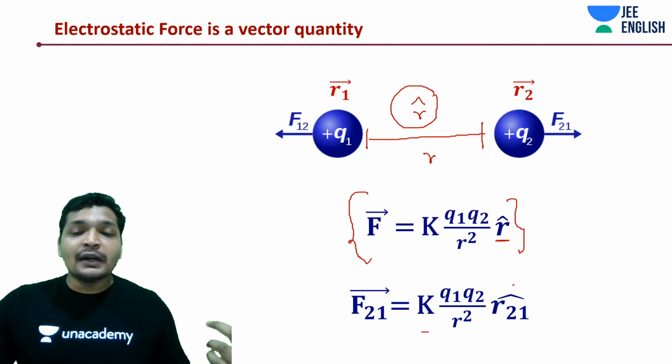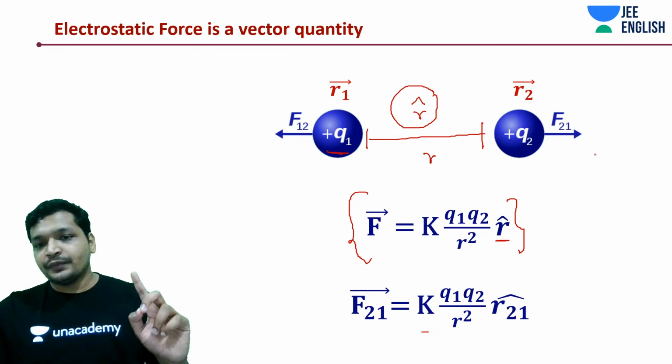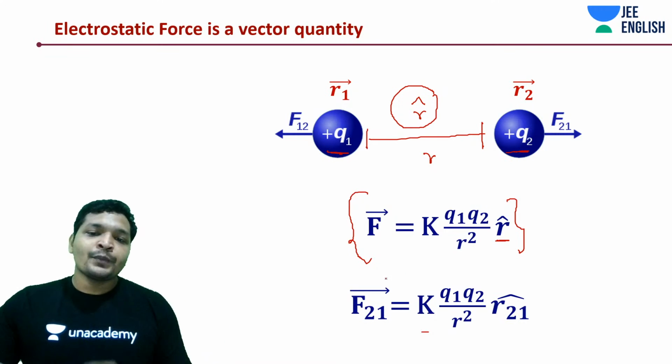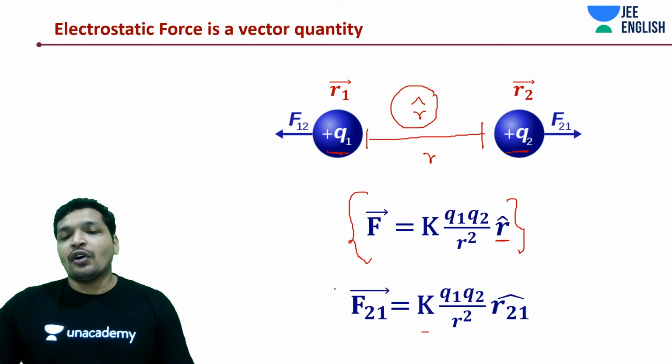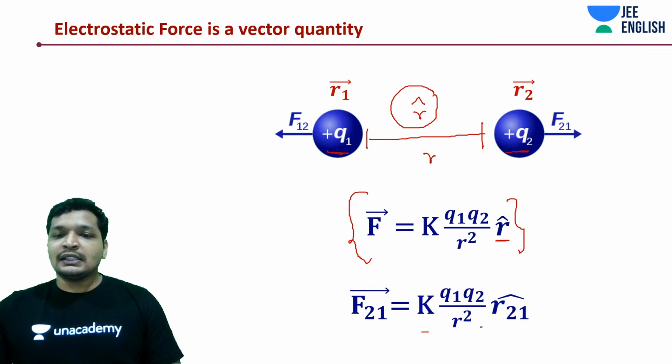But as you remember, in this case both are positive charges, q1 plus and q2 plus, so they will be repulsive in nature. But what would be the direction of the force? In this case, the distance is just r. Let's keep it as r.